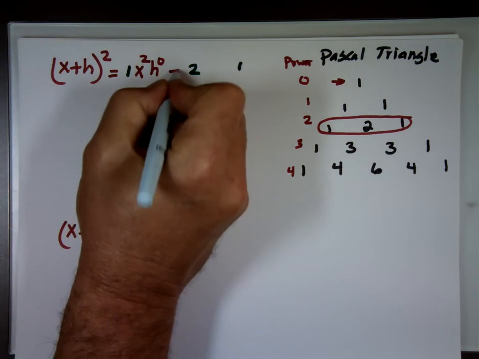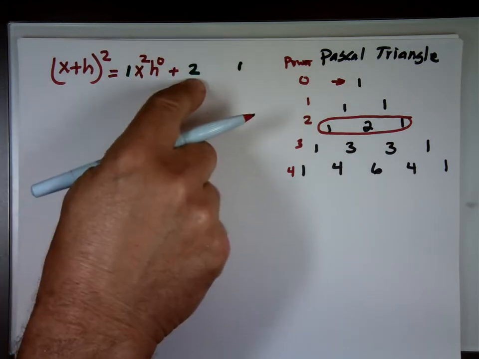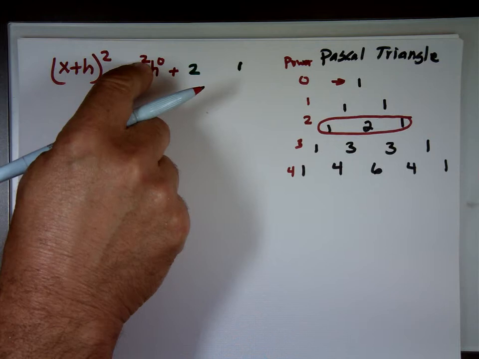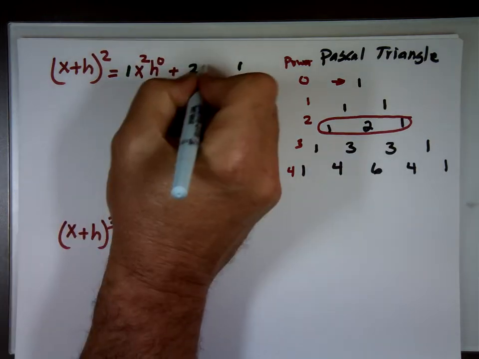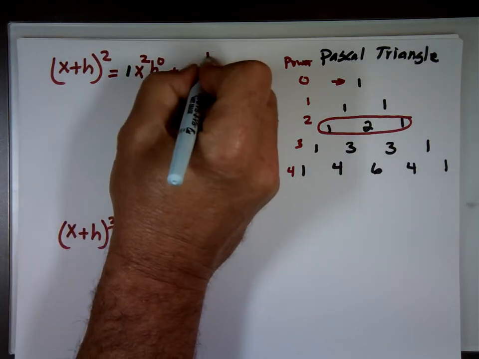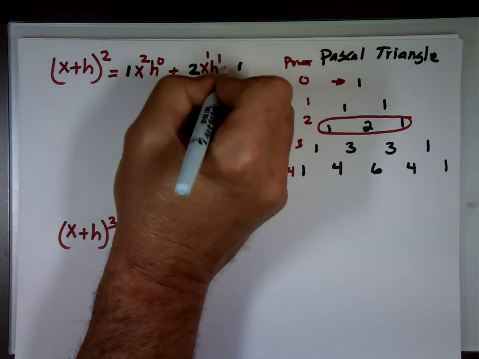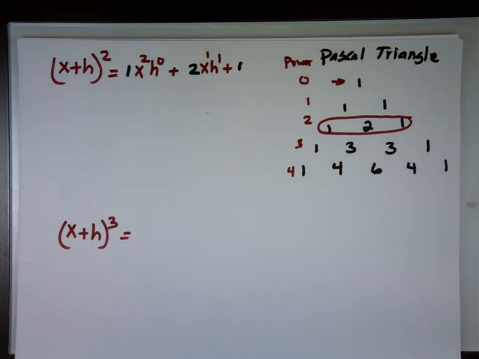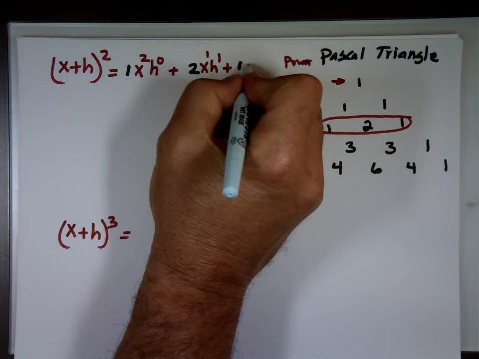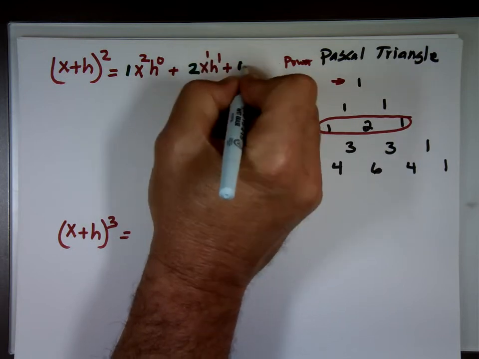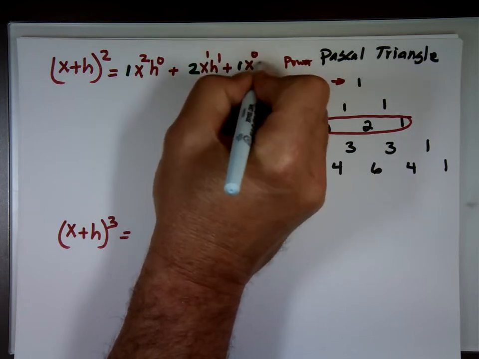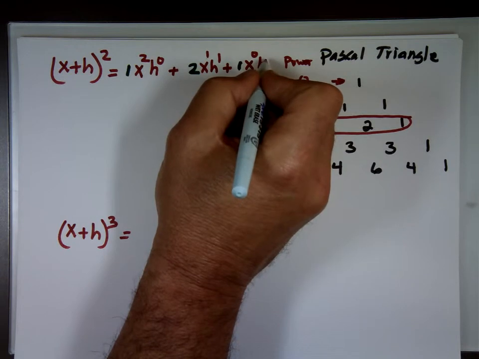After that, what are you going to do? Subtract 1 from this power, add 1 to that power. That'll be what? X to the 1, h to the 1. And the last one will be what? Subtract 1 from this power, add 1 to that power. X to the 0, h to what power? 2.